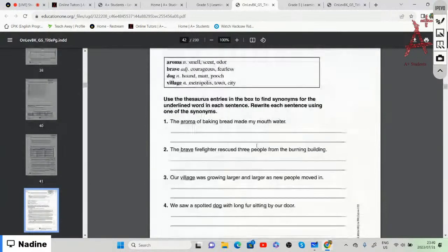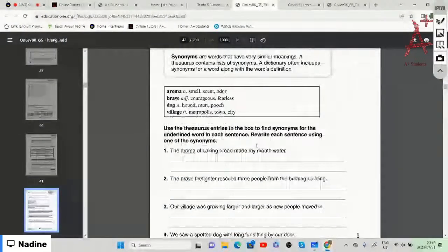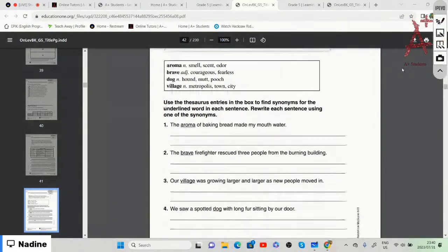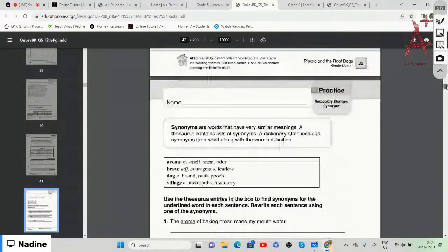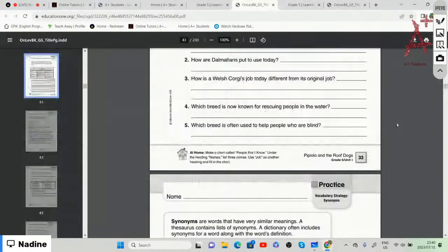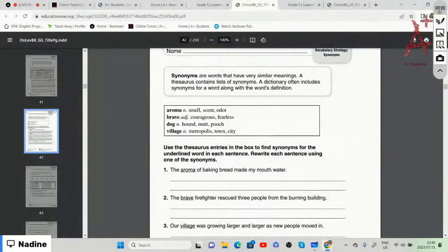All right, so now we are on page 34, and it also mentions synonyms, right? And we said that synonyms, let's go back down. All right, let's leave it just on this.